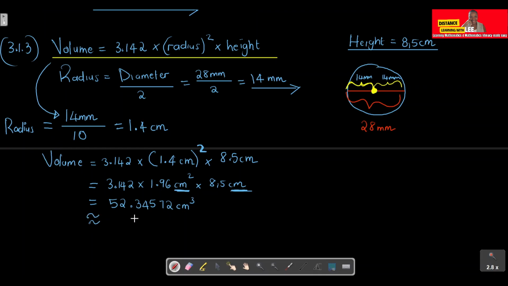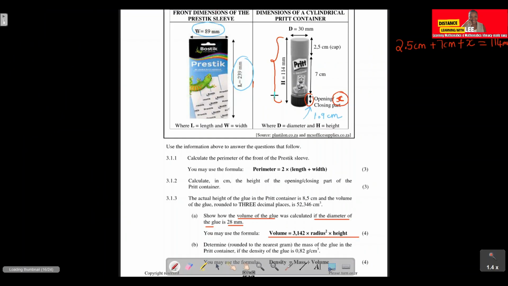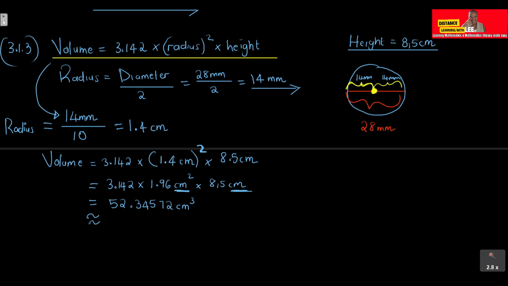That is approximately equal to, if you round it off to 3 decimal places, because what we're trying to prove is in 3 decimal places. Do you see that? It's 346. So we need to round off to 3 decimal places, and we look at the fourth digit after the comma. In this case, that fourth digit is a 7. That 7 tells us that we need to change that 5 into a 6.